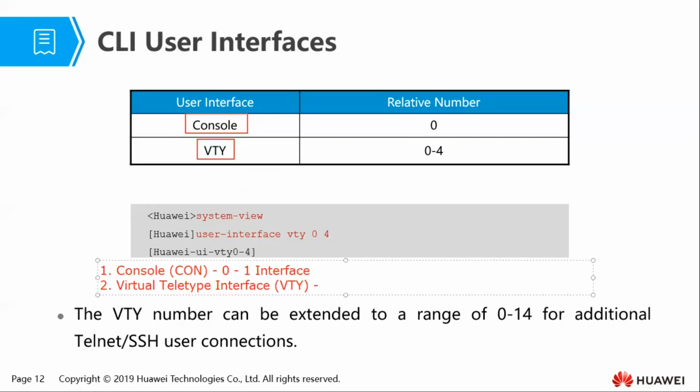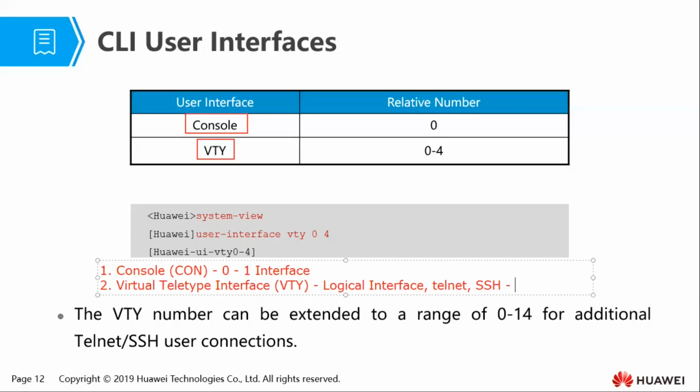On the other hand, the virtual teletype interface is actually a logical interface that you use when you want to connect to the device via telnet or SSH. SSH is a secure version of telnet. So we're also going to learn about telnet in a coming topic.